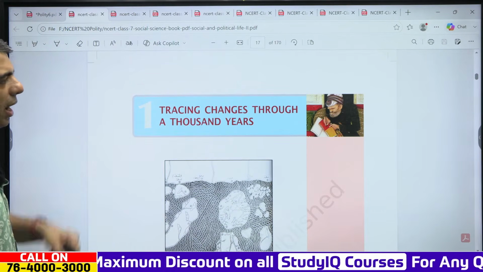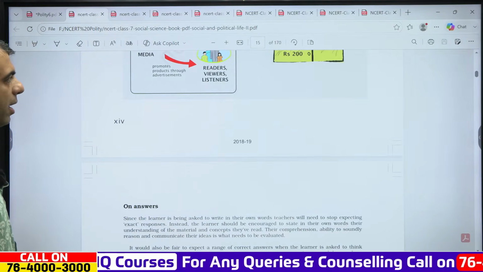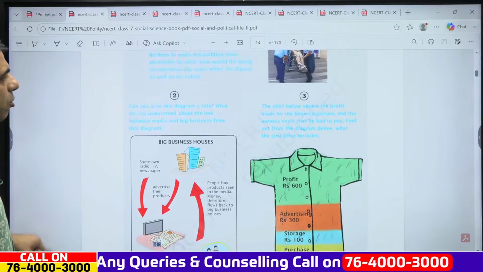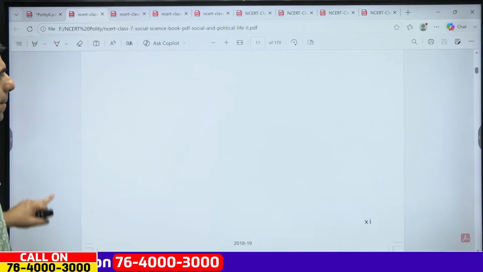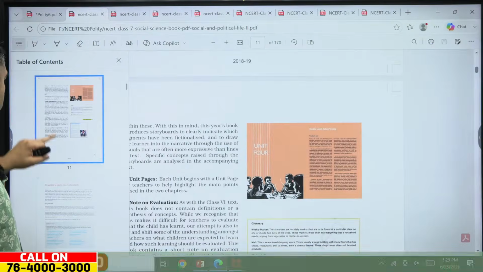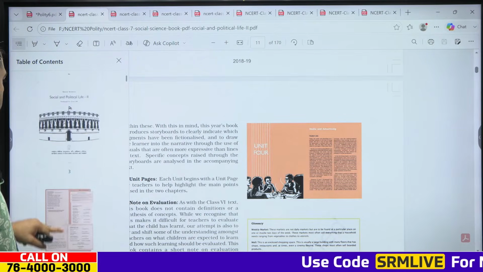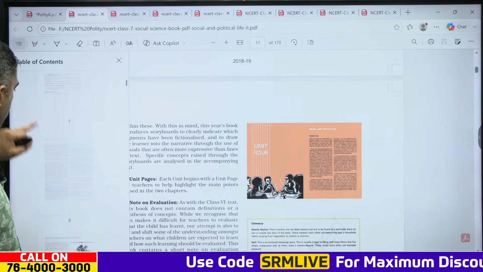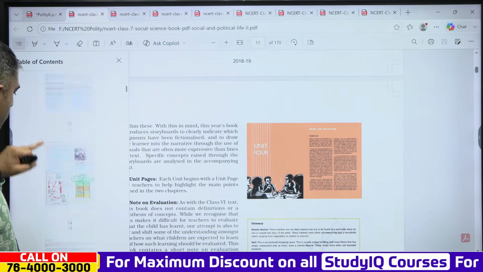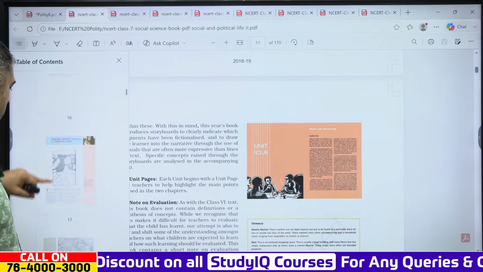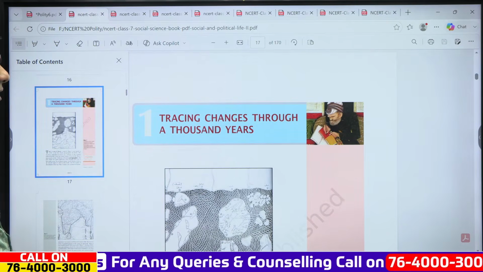Now again in this, the first topic is tracing changes through 1,000 years. This is again something that you need not read. The first topic, tracing changes through 1,000 years, is not very relevant.